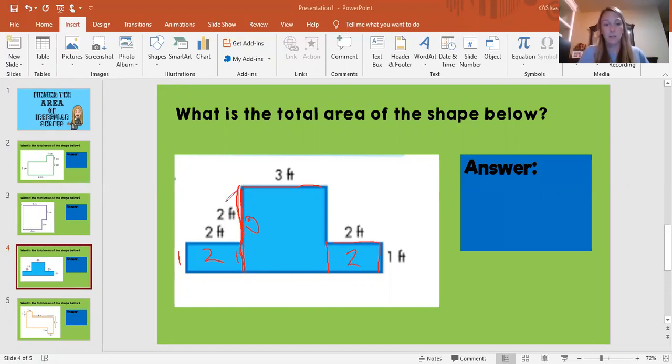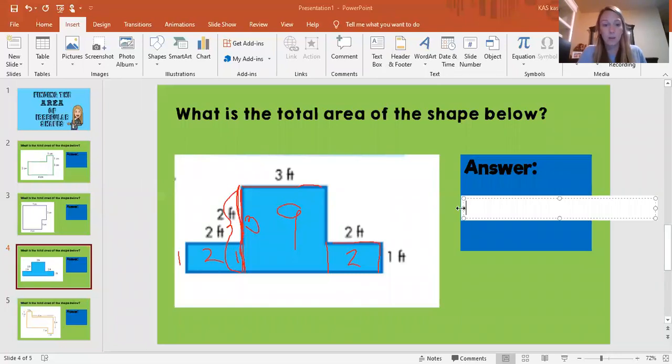I hope that makes sense. It's kind of hard when I can't be there to show you guys, but I'm talking about this whole side. I have 2 here and 1 here. 2 plus 1 is 3. So this is actually a square here because I have 3 on top and 3 on the side. 3 times 3 is 9. And my very last step is to add up all my areas and find my total area.